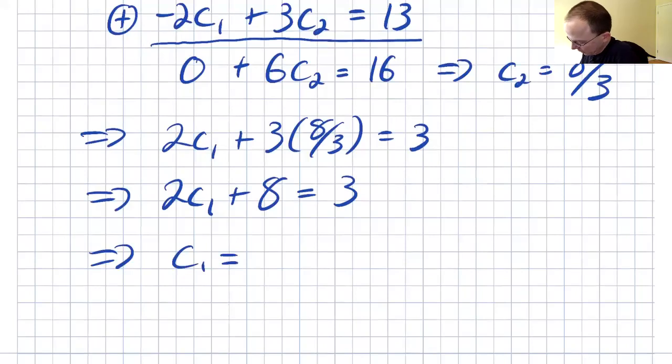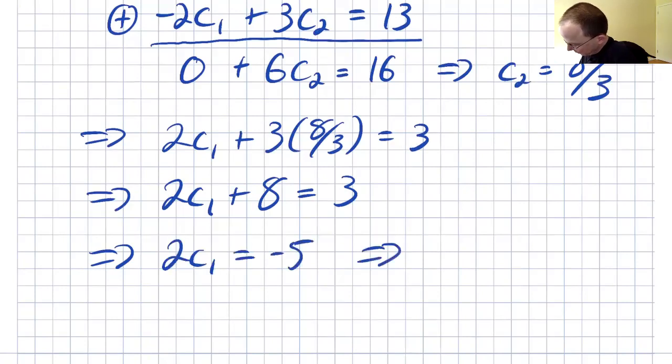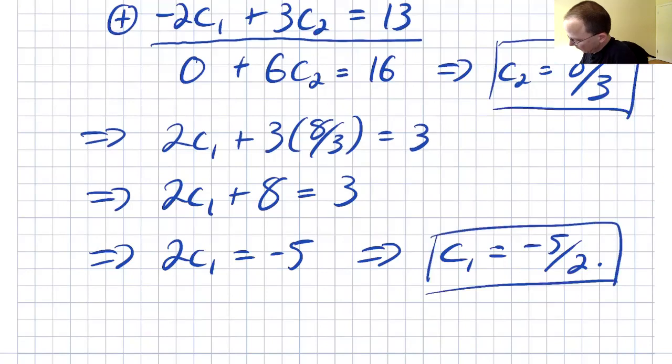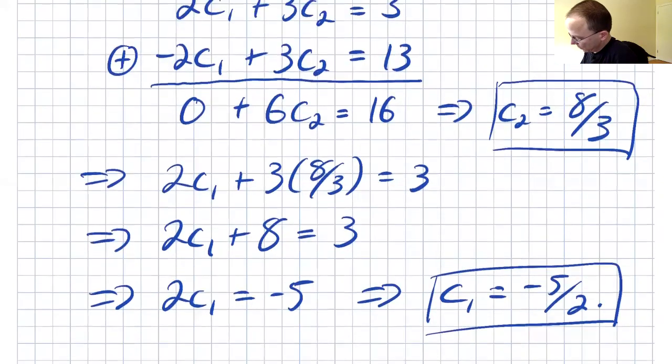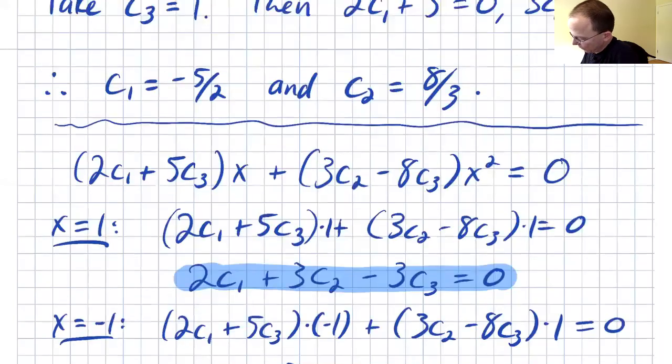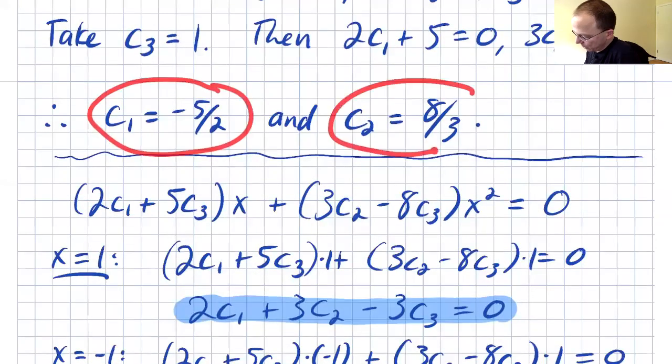Let me do it in two steps: 2C1 is equal to minus 5, and therefore C1 is equal to negative 5 over 2. So there are our answers, and they are the same as before: negative 5 over 2 and 8 over 3.